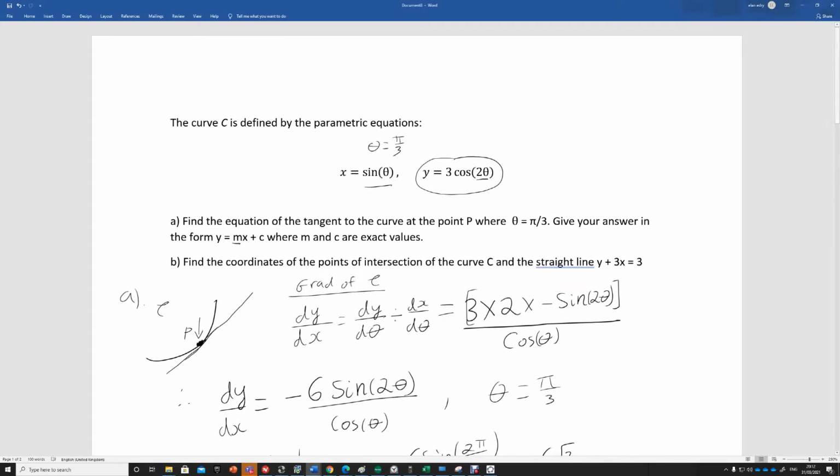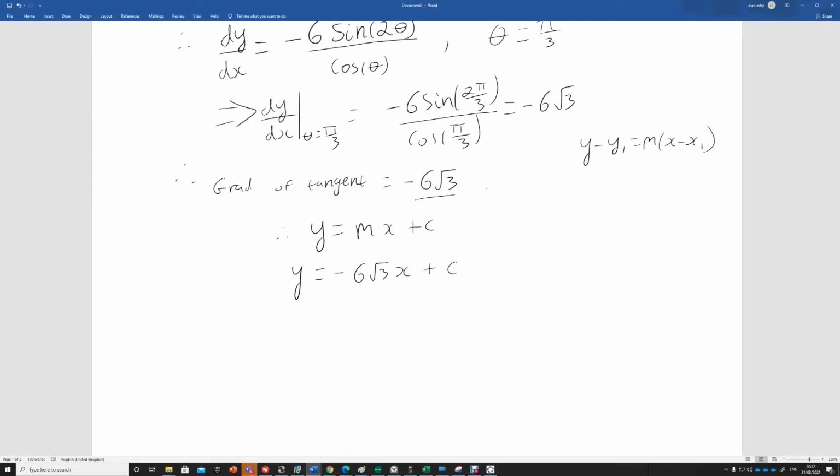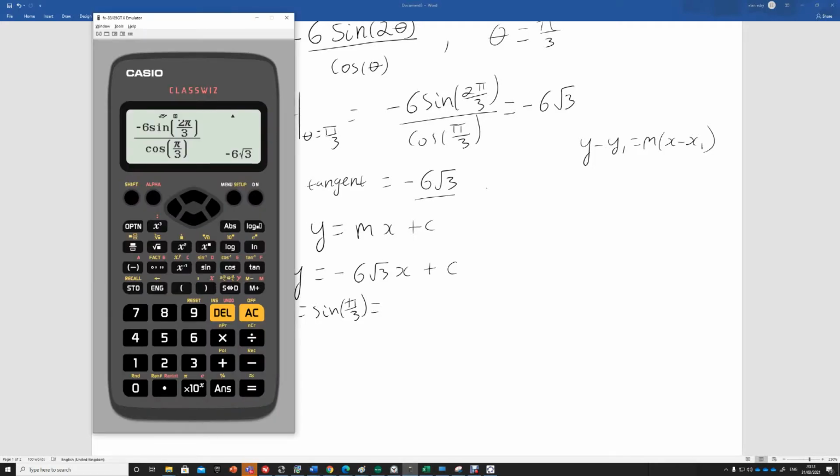So I need to find out what x equals when theta is pi over 3 and what y equals when theta is pi over 3. So when theta is equal to pi over 3, x is just sine theta, which is sine pi over 3, which will work out to be root 3 over 2, but I'll just show you on here. Yeah, root 3 over 2.